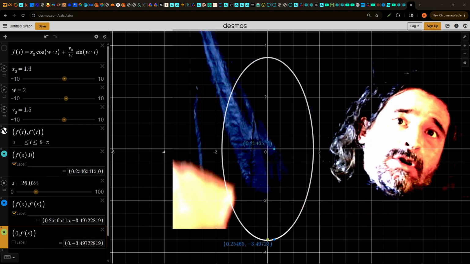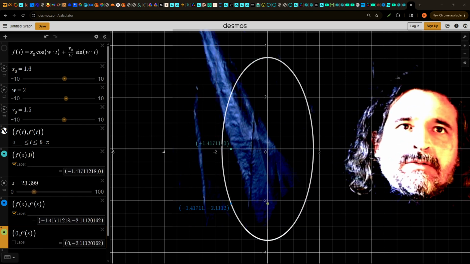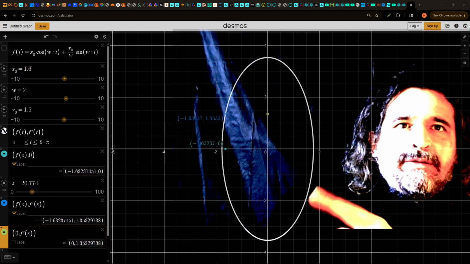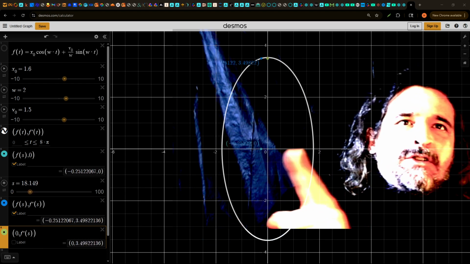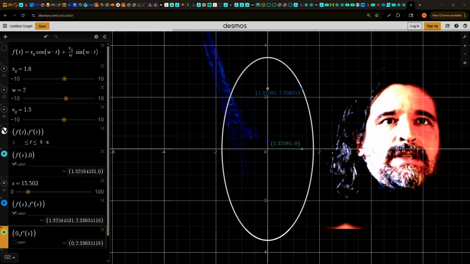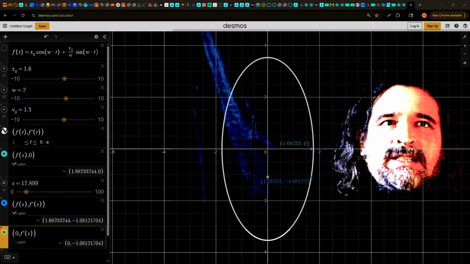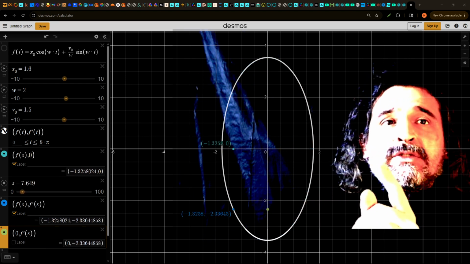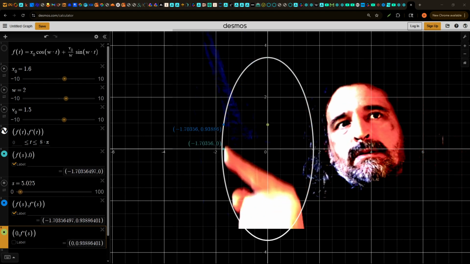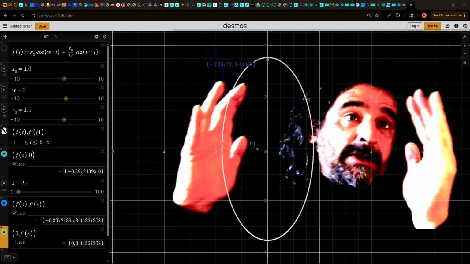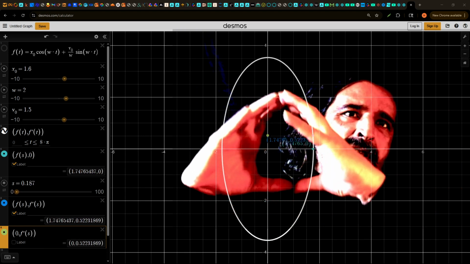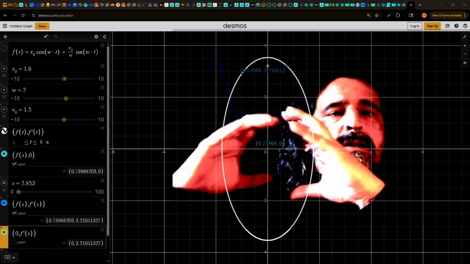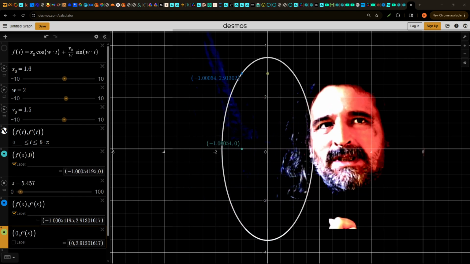But you can redo all that I did in Desmos. What you have is x of t oscillating horizontally, v of t oscillating vertically, and x of t, x prime of t moving along this curve. As we change the parameters of the model, we can deform this trajectory into a circle, into an ellipse, and stuff like that.